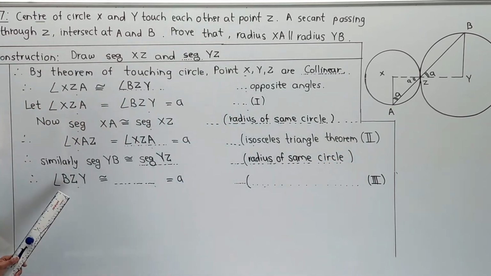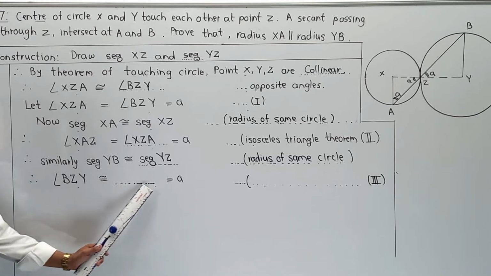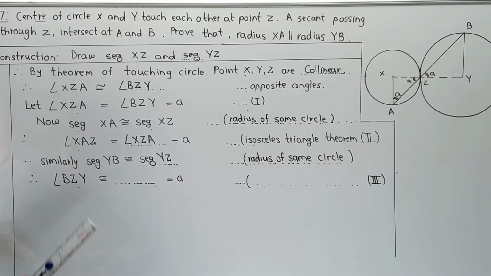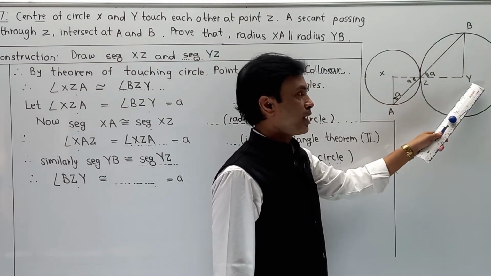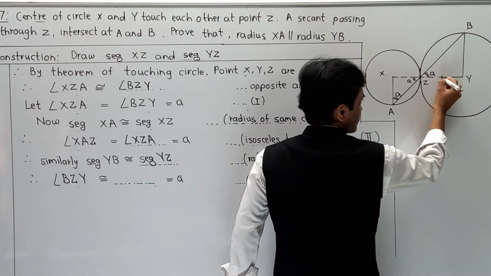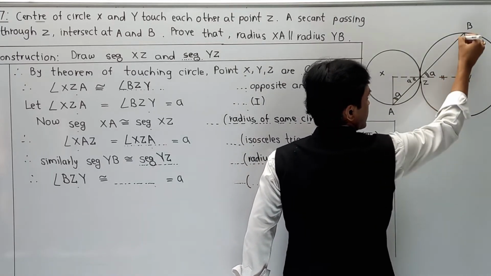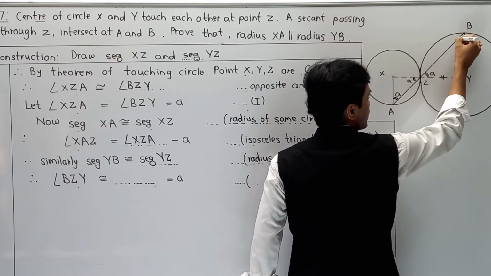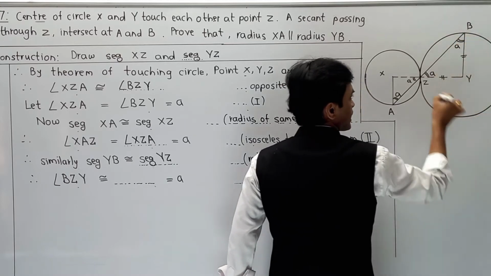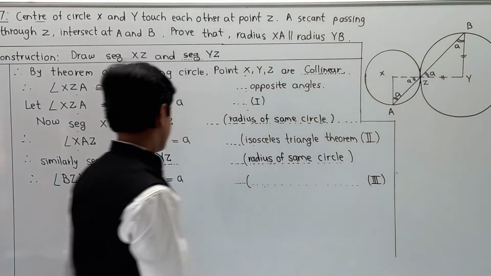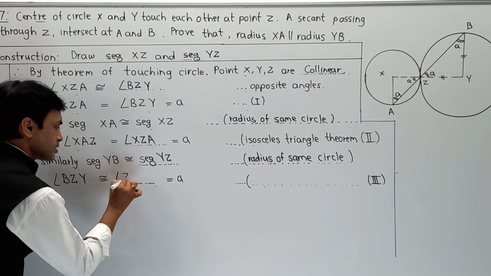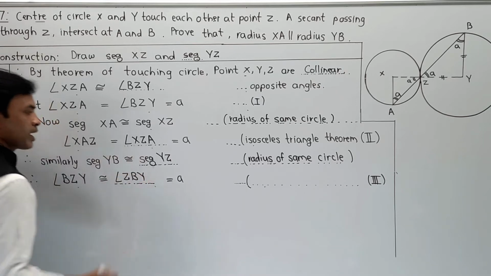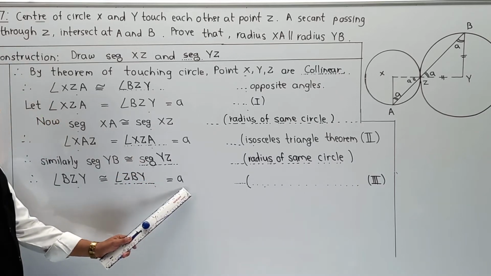Next, therefore angle BZY is congruent to what, and that is A. Here BZY, naturally as usual these two sides are congruent, so the opposite angles must be congruent, so this also becomes A, that you can write as angle ZBY, and again it is assumed as A as per their part.